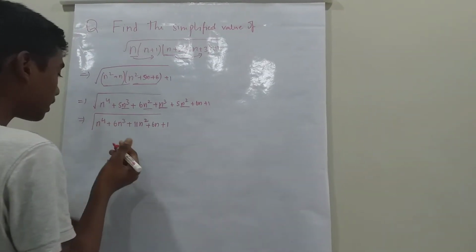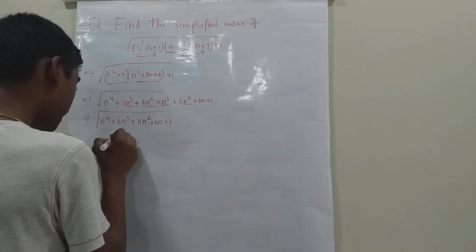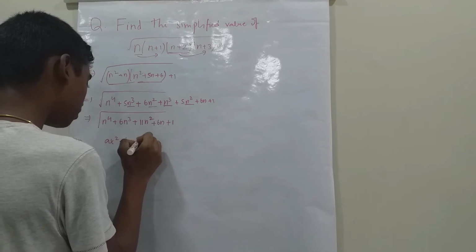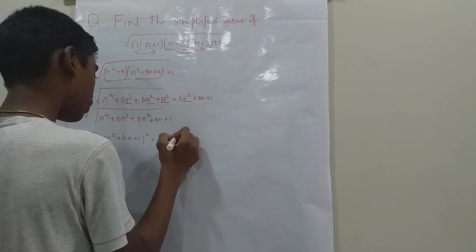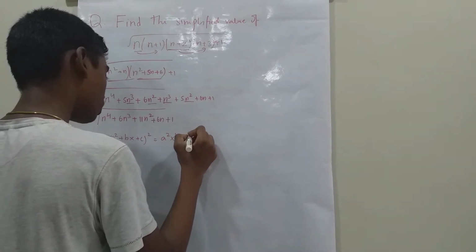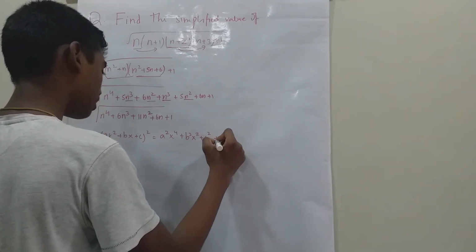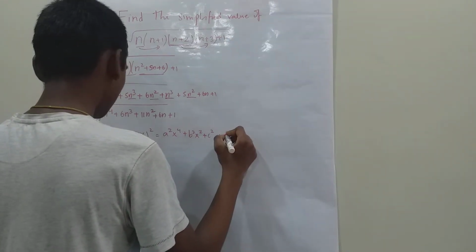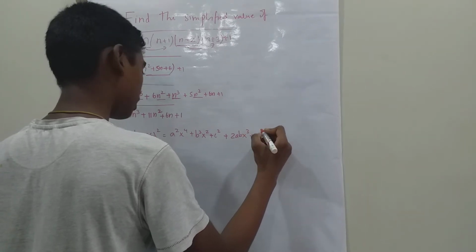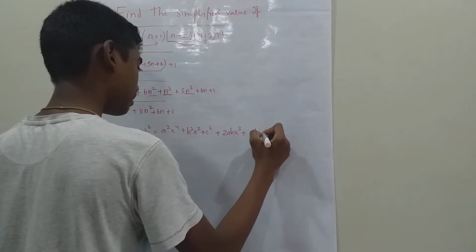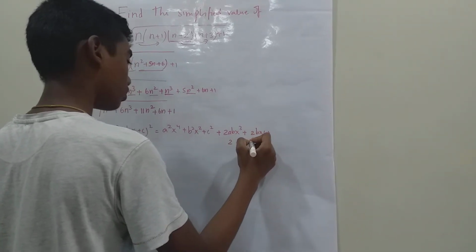Alright, so when I square a quadratic expression, ax squared plus bx plus c, I get a squared x to the power 4 plus b squared x squared plus c squared plus 2ab x cubed, and then plus 2bxc plus 2cax squared.